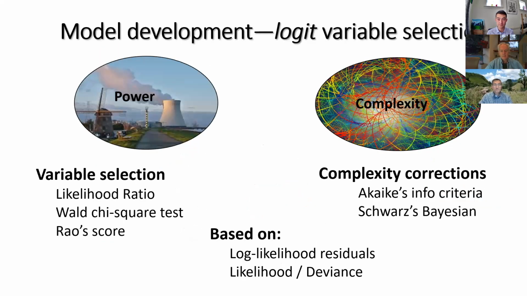Now, I've split this into various parts in terms of the comparisons. These ones here, the power and complexity, are the primary concerns when you're getting into the model development aspect of it. Most of it relates to the variable selection. If I choose this variable or that variable or the other variable, will it add greater value? But at the same time, you want to check how complex it is becoming.